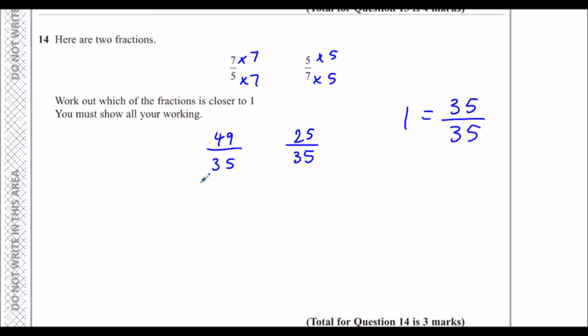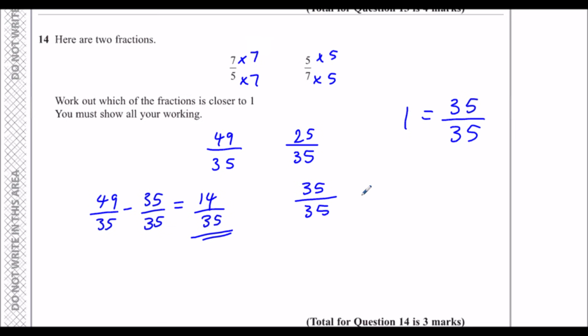49 35ths is 14 away. So I'll put 49 35ths minus 35 35ths is 14 35ths. So it's 14 away, and 35 35ths minus 25 35ths is 10 35ths.